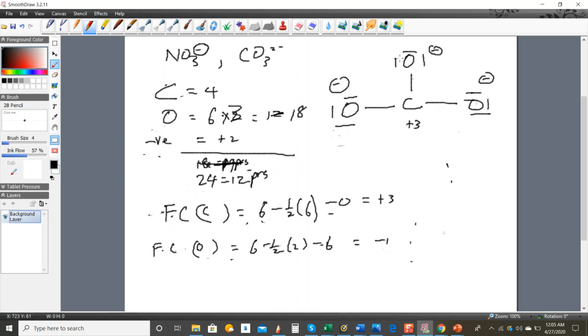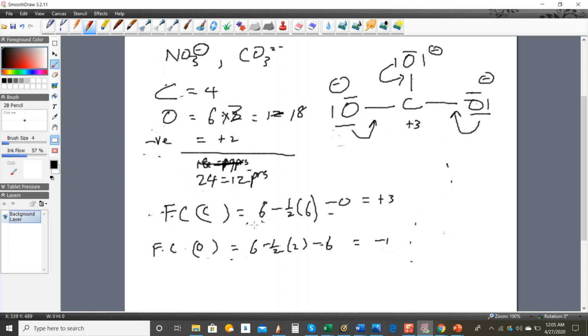And then we shift our electrons so that each negative charge will cancel each plus charge. And in this case, carbon will end up with a total of, let me see here. Actually, I made a mistake again. Sorry about that.